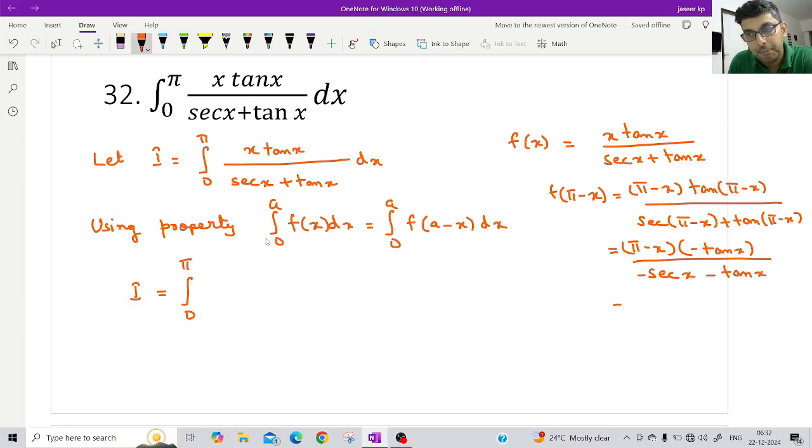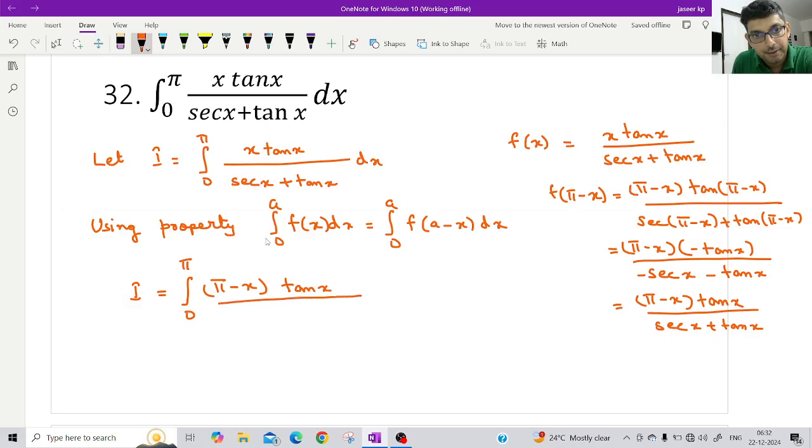Now if you take minus common, this can be written as pi minus x into tan x divided by secant x plus tan x. So that means f of a minus x is pi minus x tan x divided by secant x plus tan x dx.